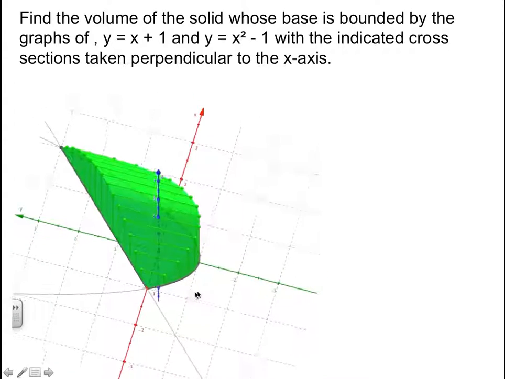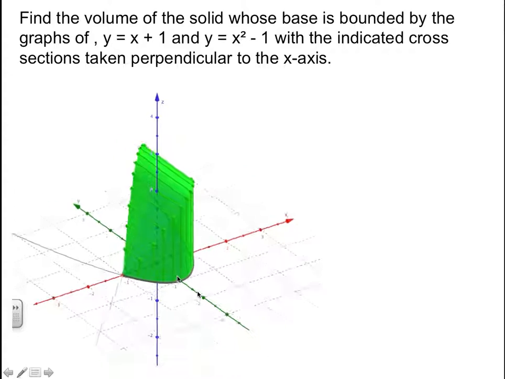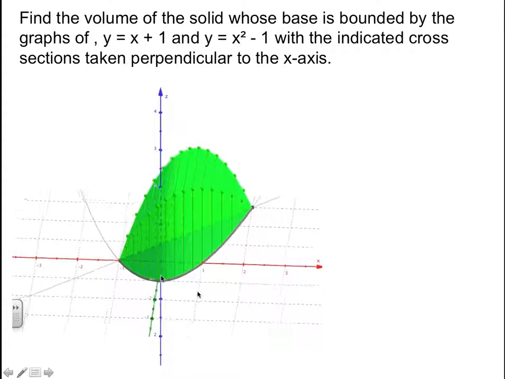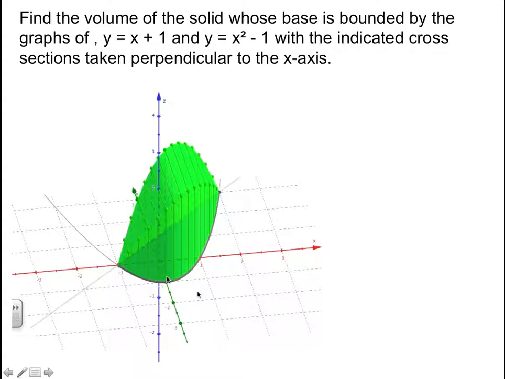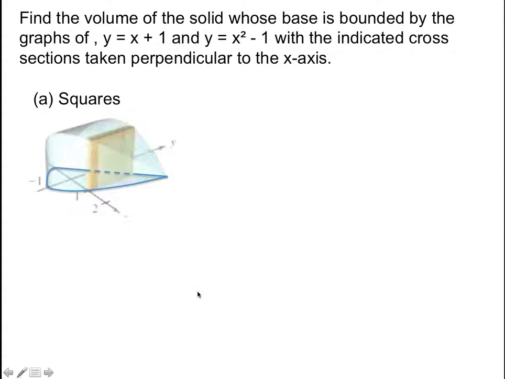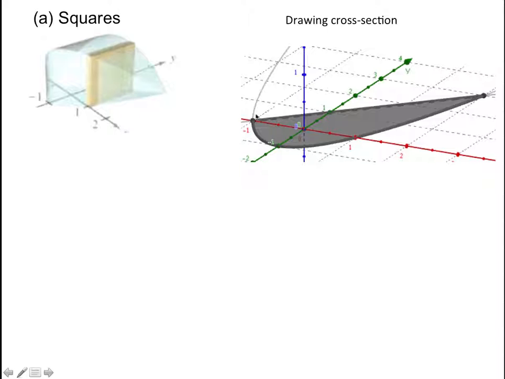So looking at getting the area function for that cross-sectional shape, that square, we're looking at drawing the cross-section on the shaded region. The way we draw this cross-section, just to give you a little art lesson, is we want to start off by drawing the bottom.